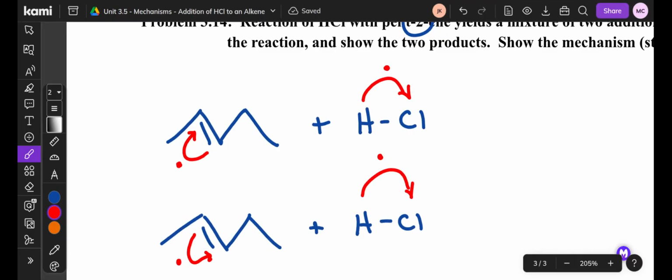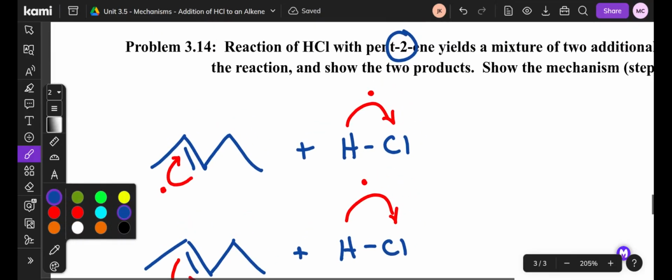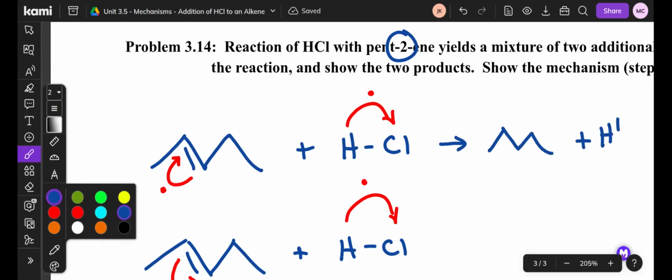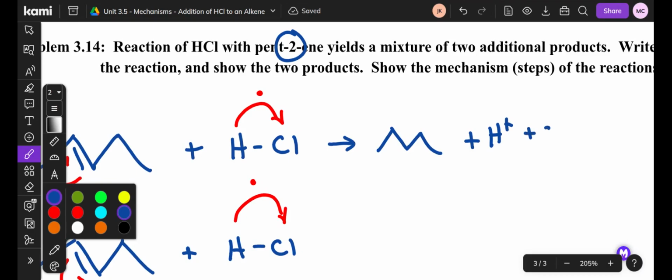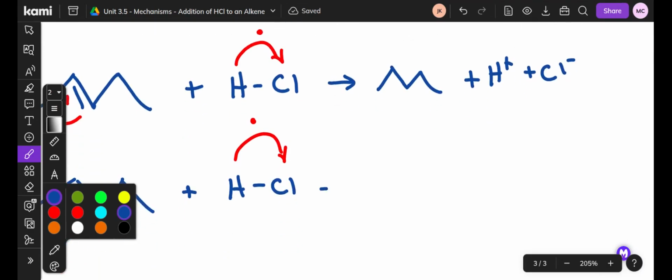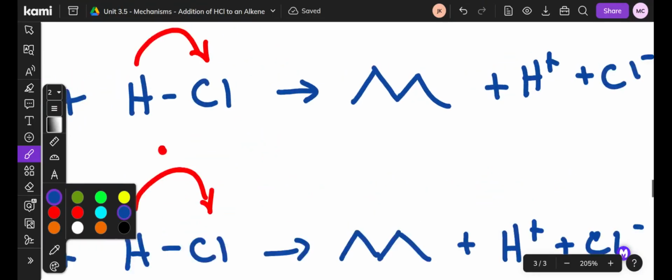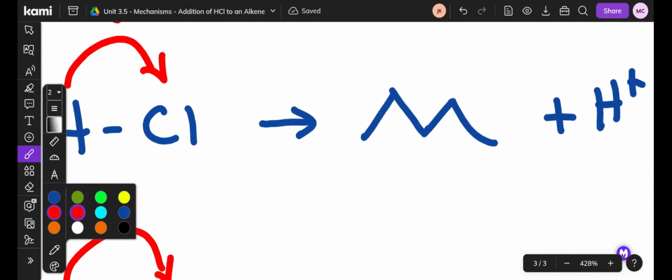And so then on the intermediate, we'll go like this. H plus Cl minus, and then I'll put this as well, plus H plus Cl minus. So now let's go ahead and put the charges.